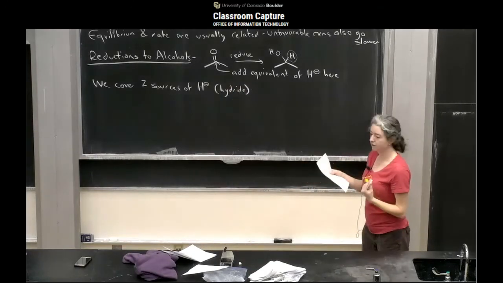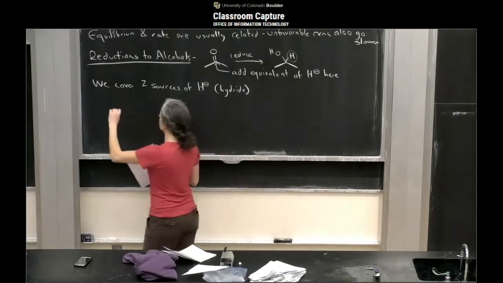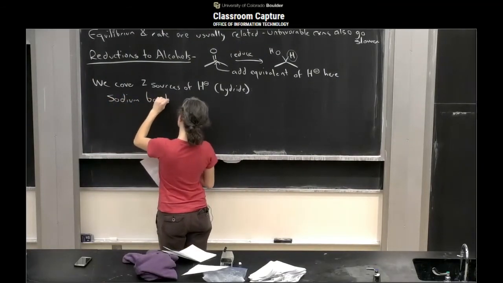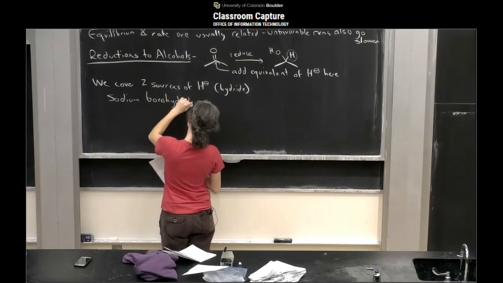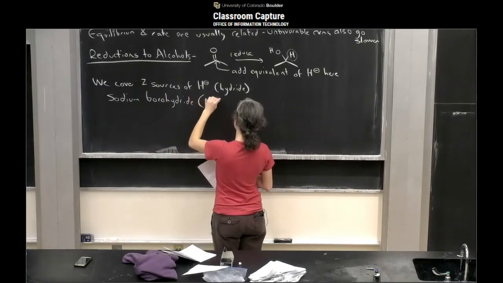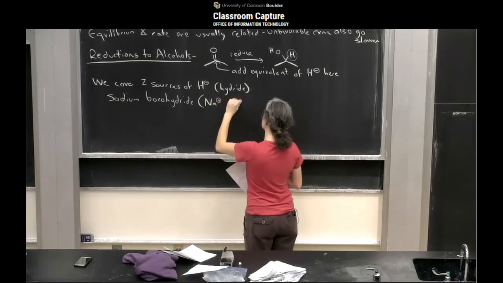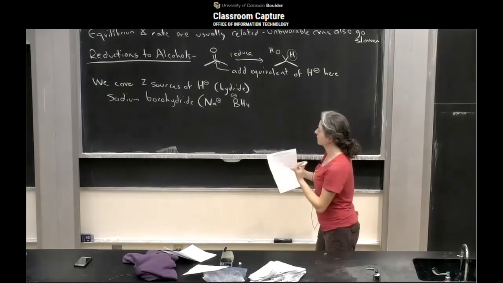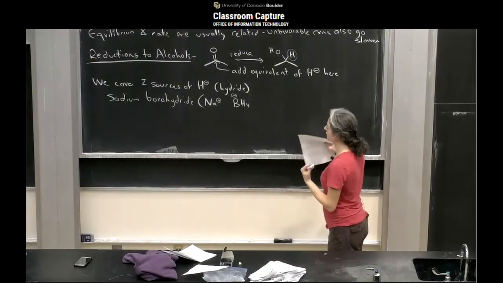Okay, so the 2 that we're covering are sodium borohydride, or Na plus BH4 minus, usually just written as NaBH4 on the arrow.